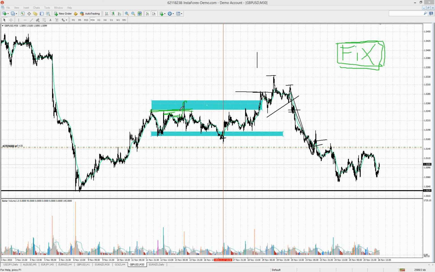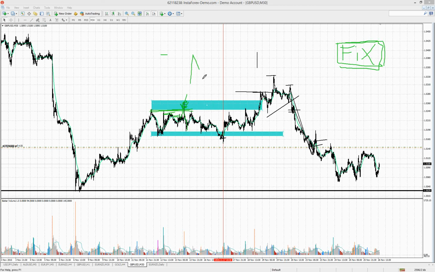They fill here, and because of the millions of pending orders above these swing highs, those fill as well. They fill buying, and then they clean them up as well.